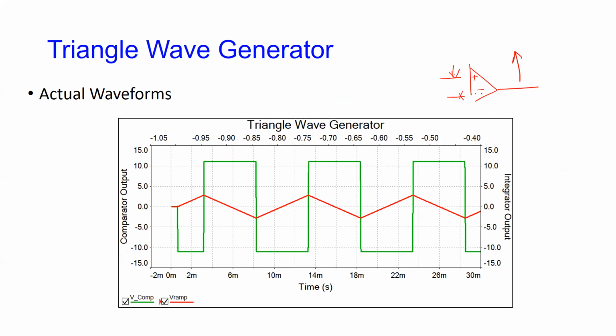If here is less than whatever this is, the output is going to go to negative saturation. I could set this value to whatever I want, and by doing so, as soon as the voltage here exceeds whatever I have here, it toggles in one direction or the other. And that is what I'm doing.